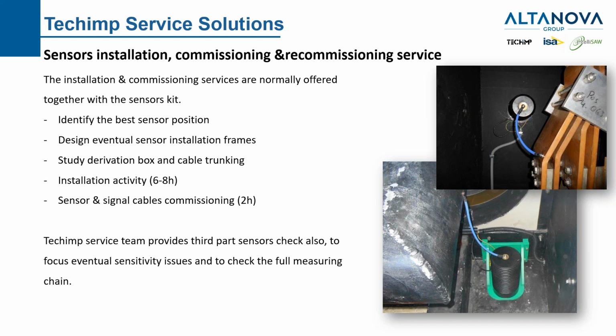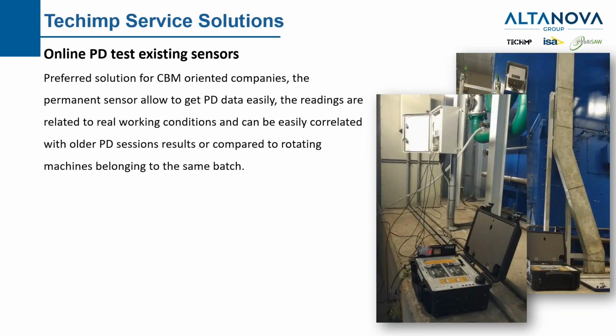Those are normally the weakest point of the installation, especially if the cable is an RG58 compared to RG223 or RF400. This activity is very useful even to make a zero point and to start good PD monitoring for the next years, to have a first indication that everything is correct and we can go on, and we don't find bad surprises in the future, like taking measurements with a broken sensor or broken signal cables.